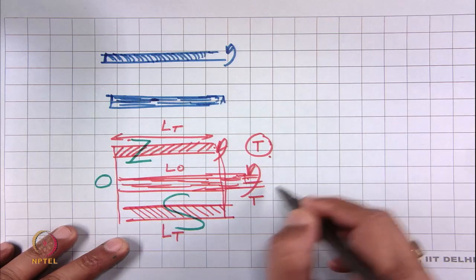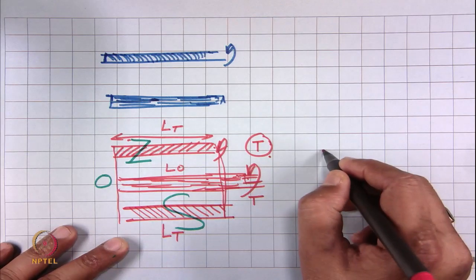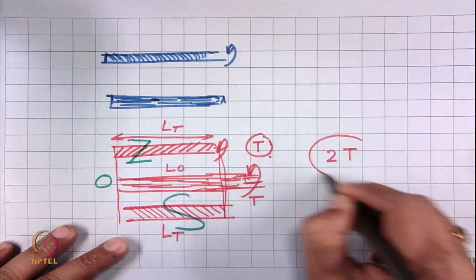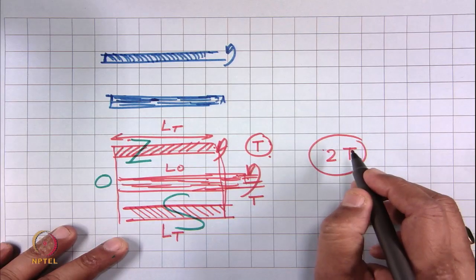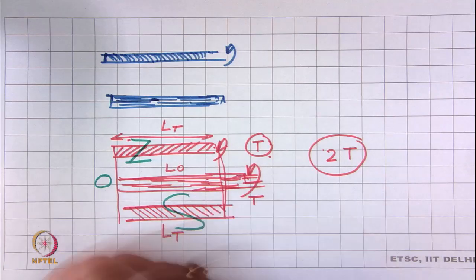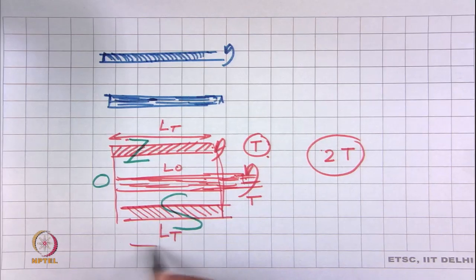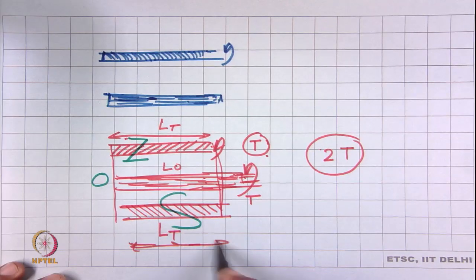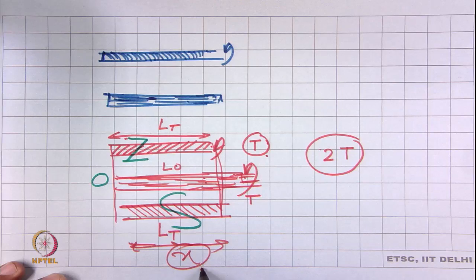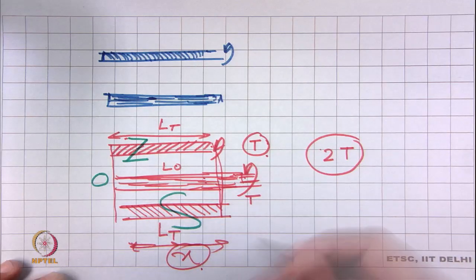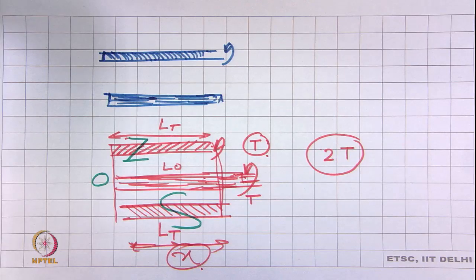So, we are imparting double the twist, 2 T turns, and then we can do calculation to get the twist. If we know the total turns for x length, and divide it by 2, that will give us the actual turns per unit length.